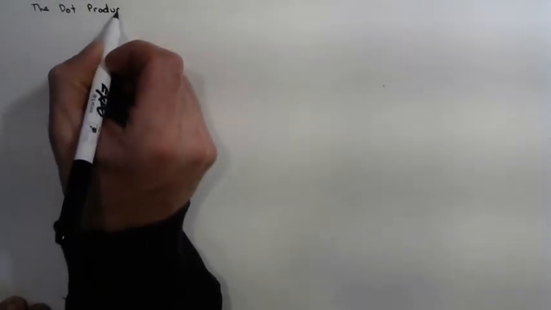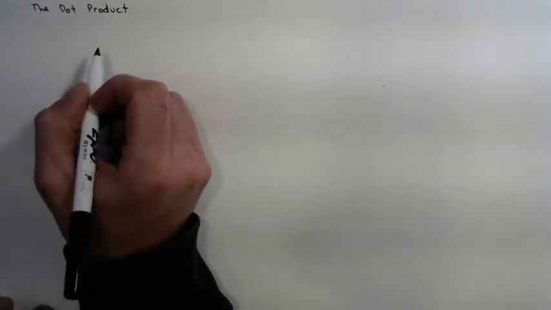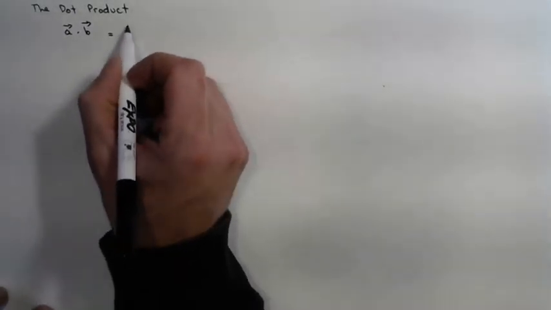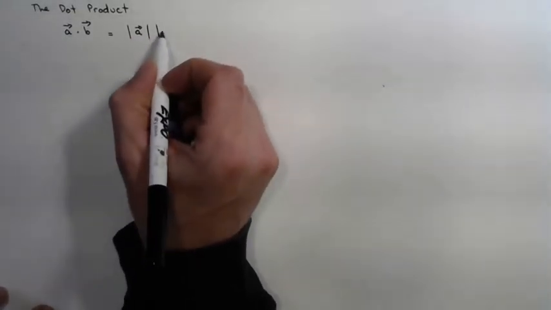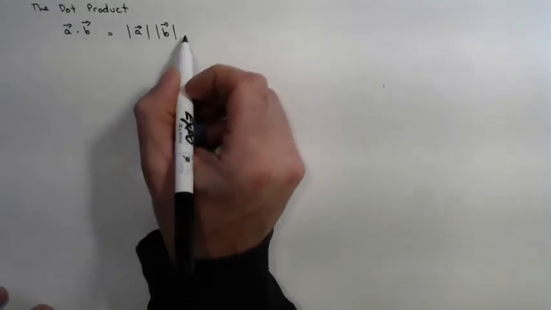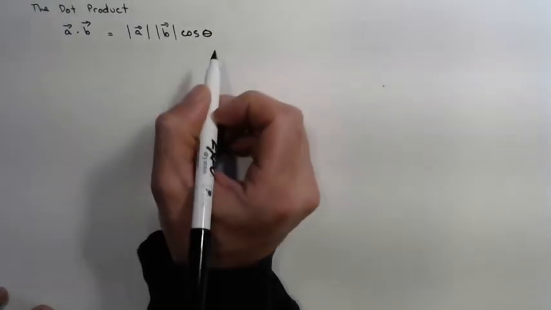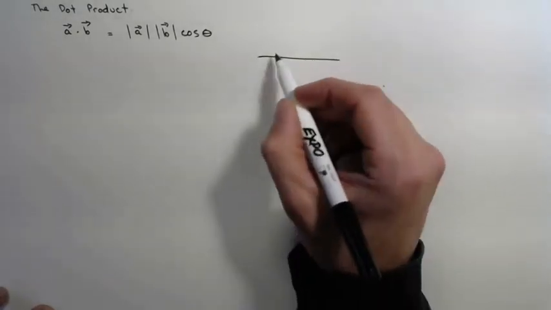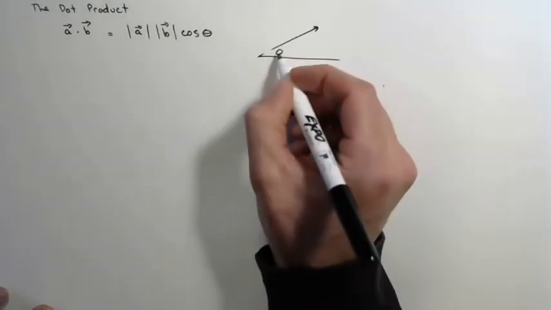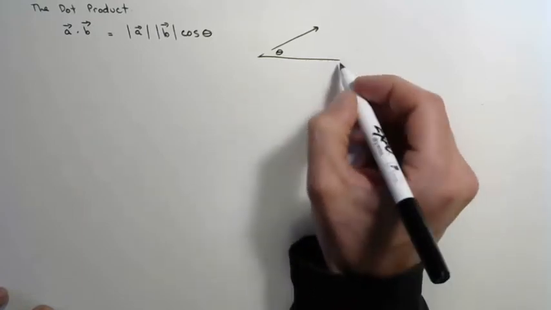So again, the work done by Max, or in any situation, what we figured out is called the dot product. The dot product basically says that for any two vectors, A and B, the dot product of A dot B is equal to the magnitude of A times the magnitude of B cos theta, where theta is the angle in between the two vectors.